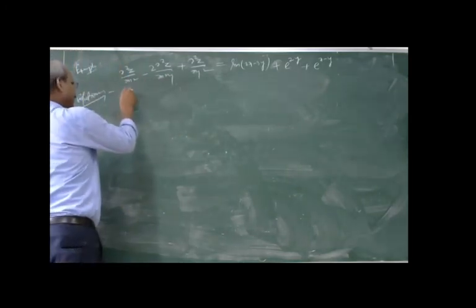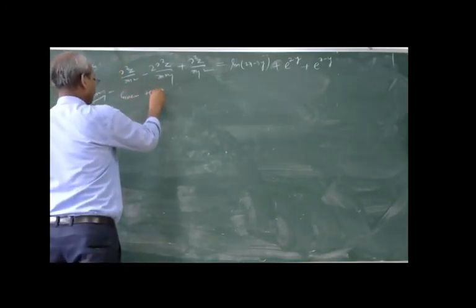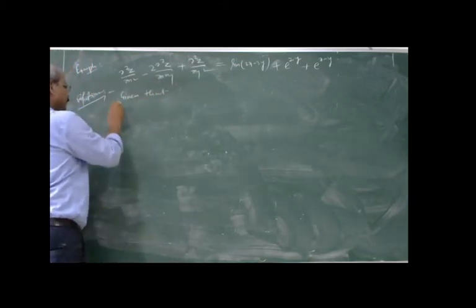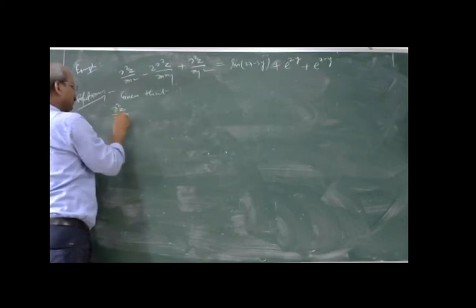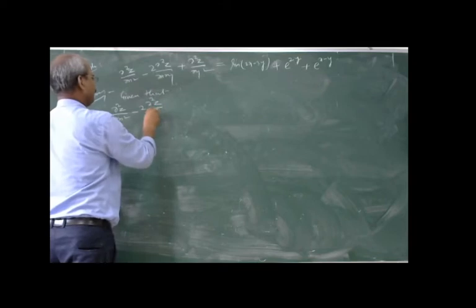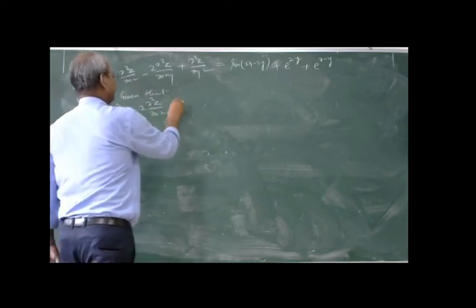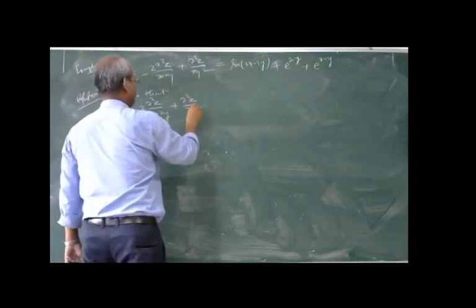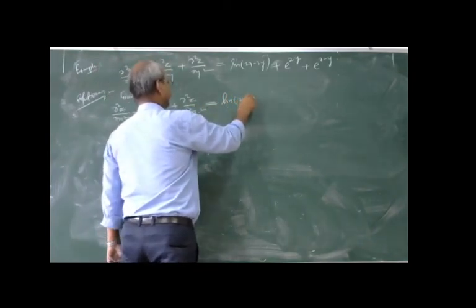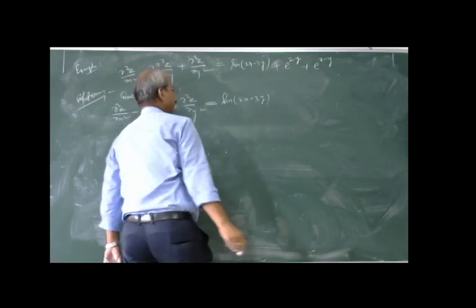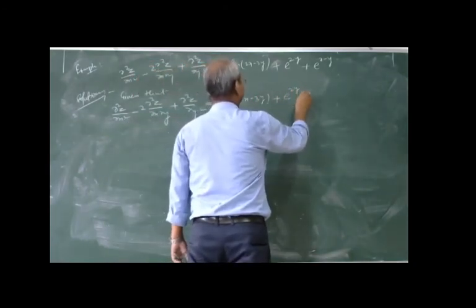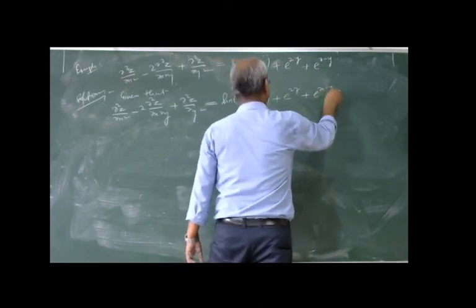Given that, again write down, change the given equation into D form. Del 2z upon del x square minus 2 del 2z upon del x del y plus del 2z upon del y square is equal to sine 2x minus 3y plus e to the power 2y plus e to the power x minus y.